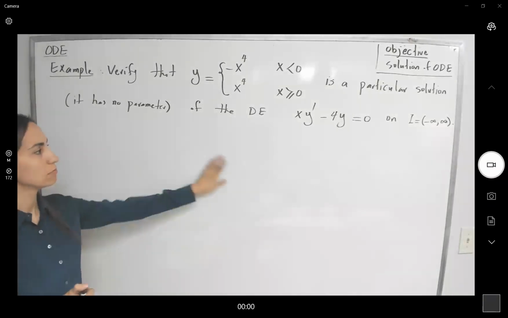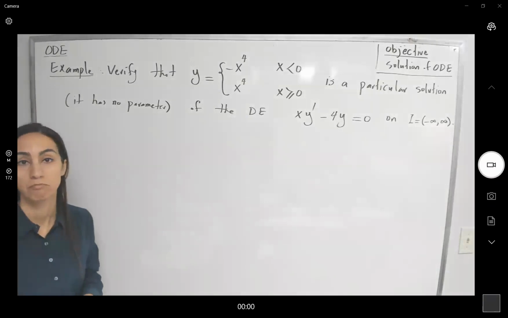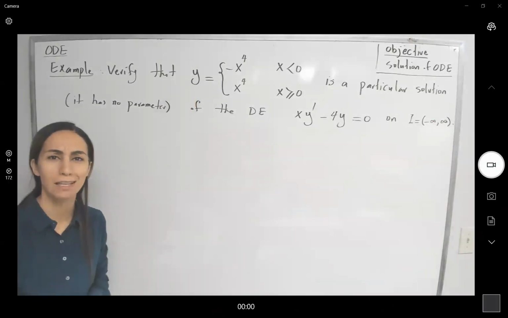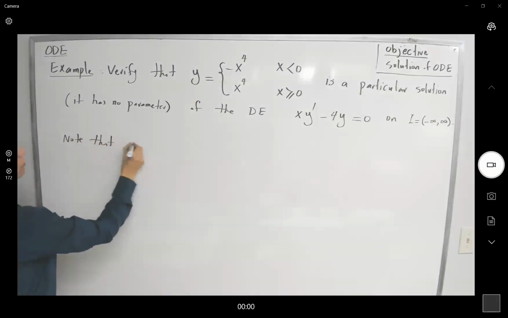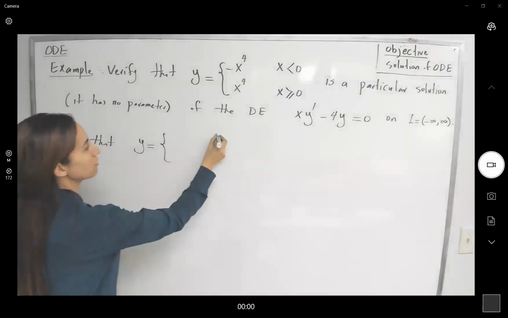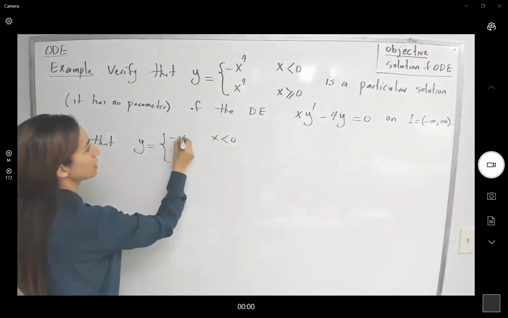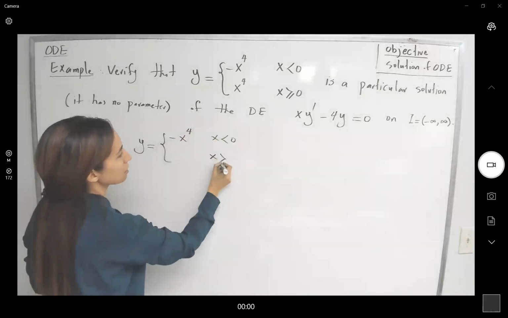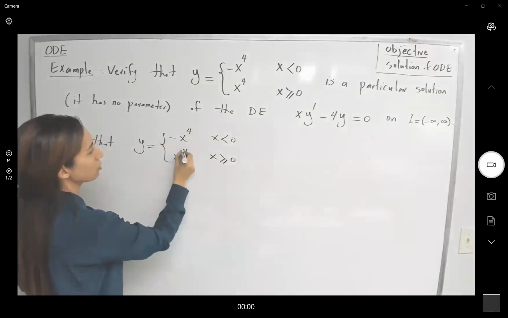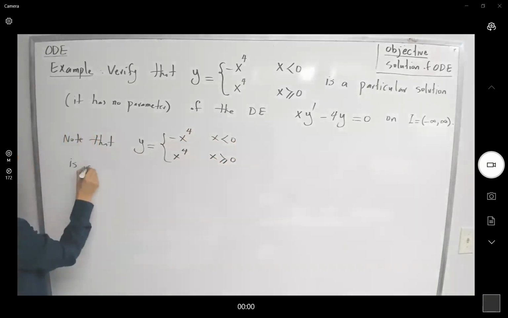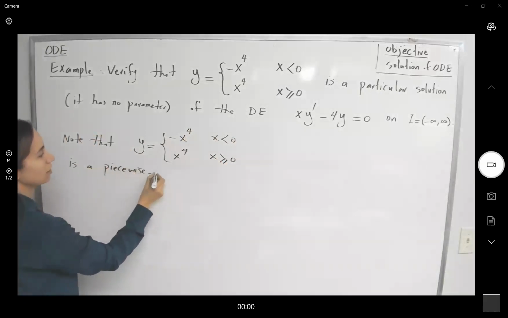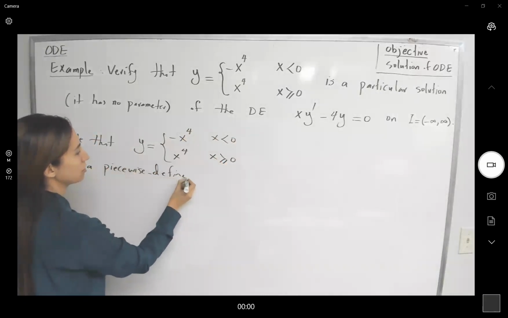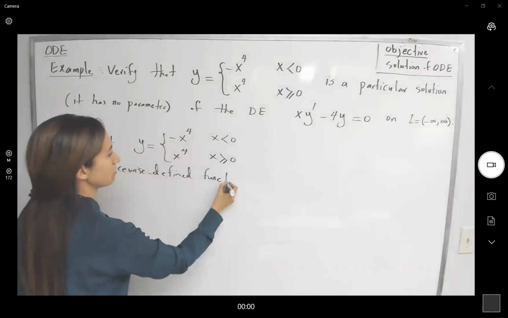Very well. So how do we verify that? You have a piecewise defined function. Note that y equals negative x to the fourth if x is negative, and x to the fourth if x is larger than or equal to 0, is a piecewise defined function.